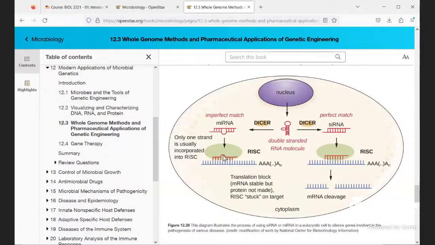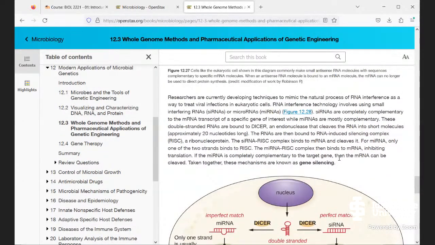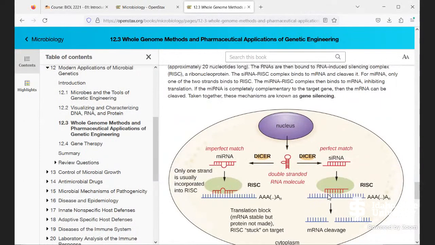It makes it so that the ribosomes can't get in there and translation isn't able to occur because those microRNAs have linked up and blocked access. Or the small interfering RNAs, like the antisense, are a complement that is a perfect match, and it causes a double-strand block on the message, and that causes the messenger RNA ultimately to get degraded or destroyed.